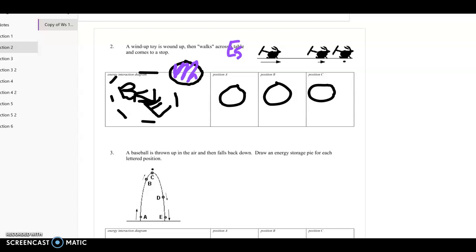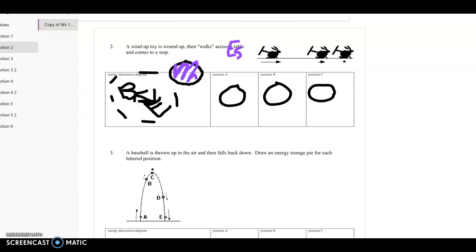So a couple things are happening. The elastic energy is decreasing. The kinetic energy is also decreasing. So from here to here, the kinetic energy increases, right? There was none. It was just wound up but not going. And so from there to there, the kinetic energy increases.